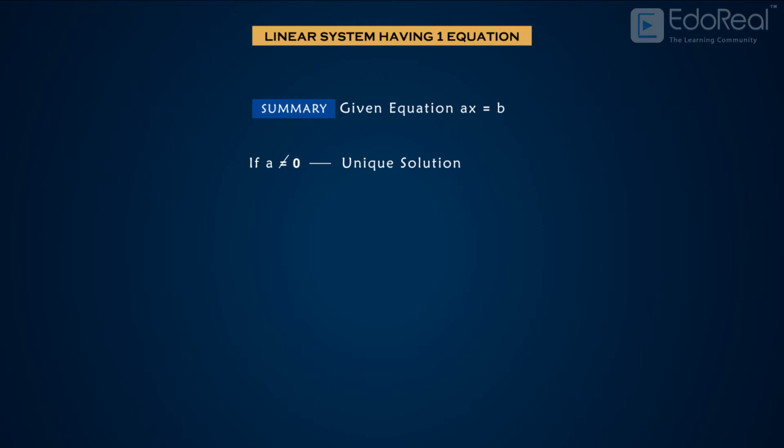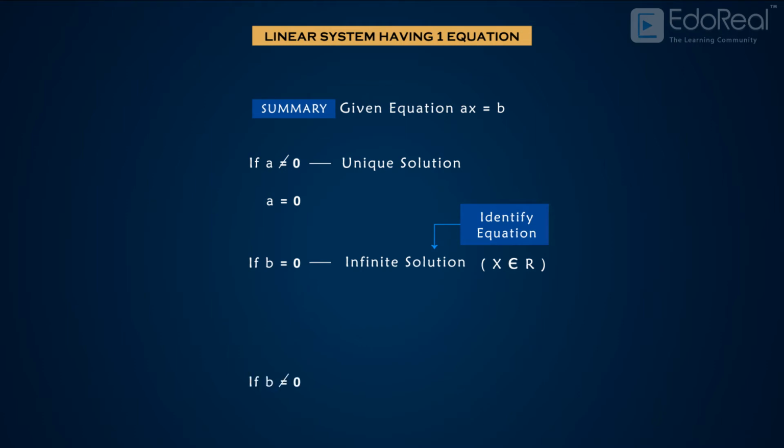When a = 0, there are two possibilities. If b = 0, there are infinitely many solutions, namely, x can be any real number. Then, the equation is called an identity equation. If b is not equal to 0, the equation has no solution. Then, the equation is called a contradictory equation.